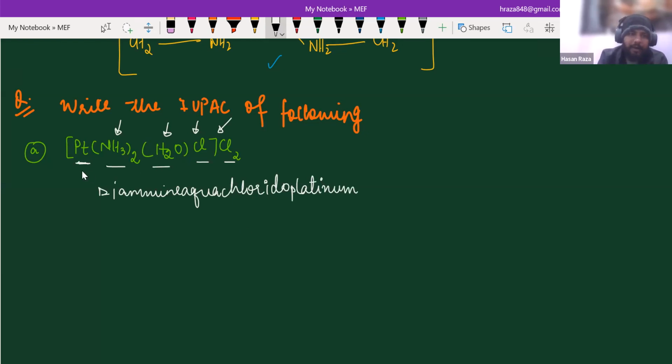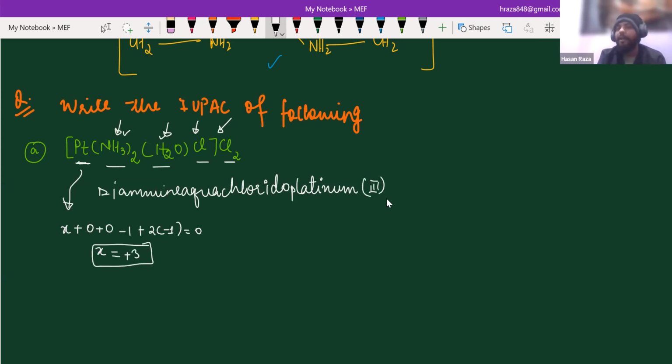And then calculate the oxidation state of this: x plus 0 plus 0, since it is neutral, then comes minus 1 plus 2 into chlorine is minus 1 equals 0. You can calculate it is plus 3. So I'm going to put platinum(III). And then you are going to give some space.